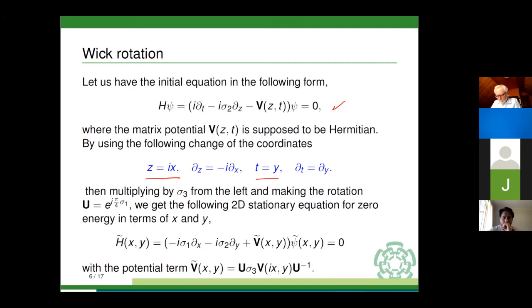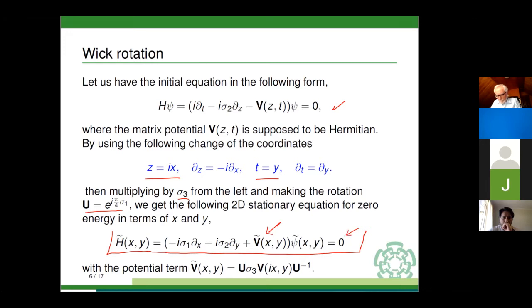Then we multiply by sigma 3 and make a small rotation on the Dirac equation, and we obtain a new Dirac equation like this one. This equation is now a two-dimensional time-independent Dirac equation. Here we have a new potential, and the energy for this one is equal to 0.